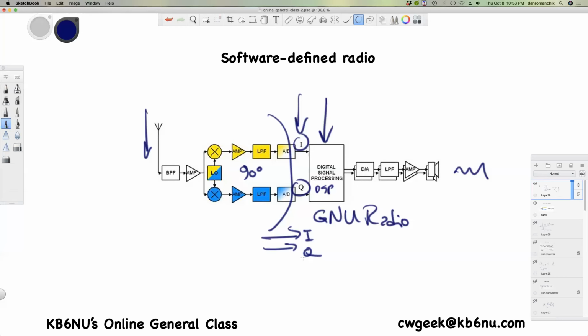I keep threatening to learn how to do that, and this is all free software. This GNU Radio is open source software. There's free antenna modeling software that you just download and play with. There's just too much to do.